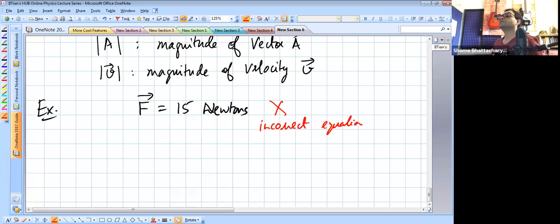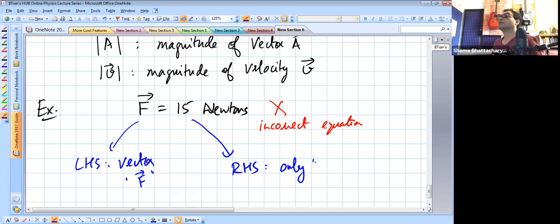Why it is incorrect is because the quantity I have on the left hand side is the vector, which is force. On the right hand side, the quantity I have is only magnitude. I don't have any reference to direction. So that means it's a scalar quantity. So can I equate a vector with a scalar? No. That is why this becomes incorrect.